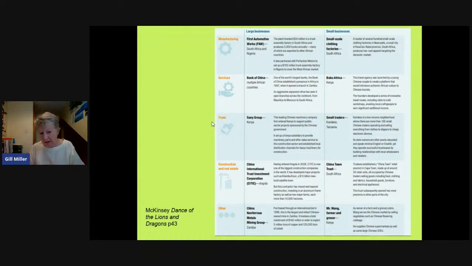And then bottom right, you've got Mr. Wang. He's a farmer and grocer, and he's producing Chinese vegetables and fruit and so on for the Chinese market. So he's providing for the Chinese who are now working in Kenya and supplying Chinese supermarkets. So it's not a question of Chinese immigrants coming in to establish in, say, Nairobi and merging with Kenyans, integrating.